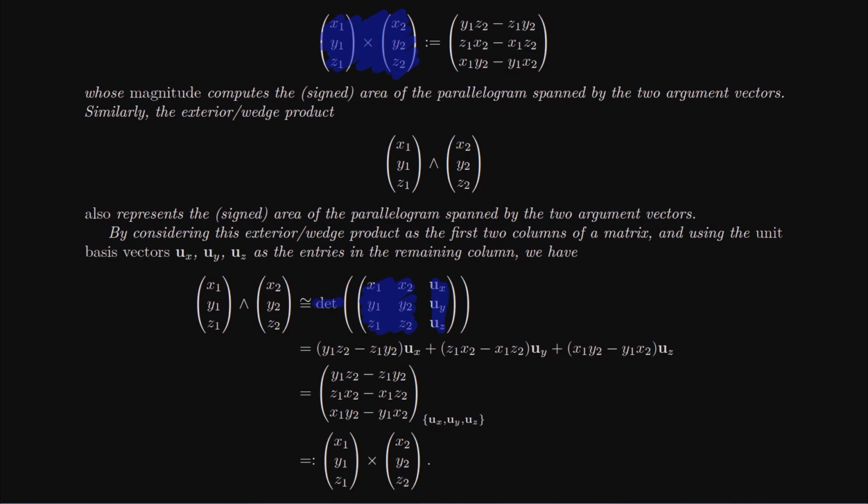And when you compute that determinant, you get exactly the cross product coming out, as long as you interpret each of ux, uy, and uz as saying, this is the x component of my cross product, this is the y component, this is the z component. So it's kind of cool that this gives you another way of coming up with the cross product.